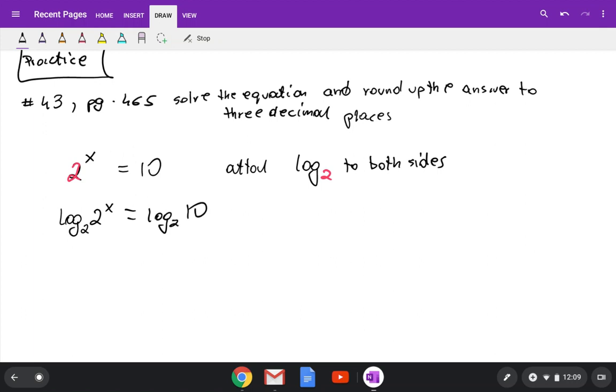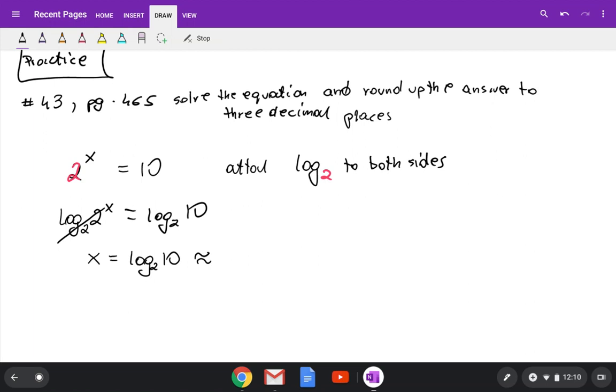Here we're going to use the property that the base of log is the same as the base of the exponential expression. They cancel each other and we end up with x equal log base 2 of 10. And this is already a nice solution, but when they want you to estimate the solution, you will need to use your calculator. So I'm going to apply the change of base formula.